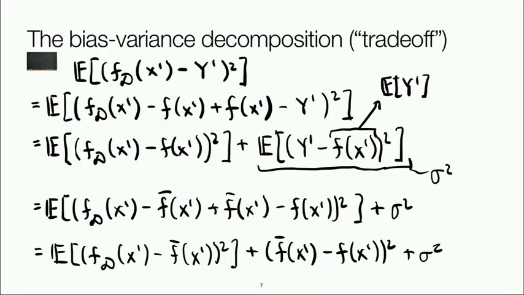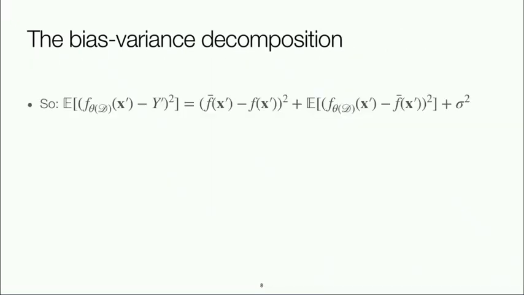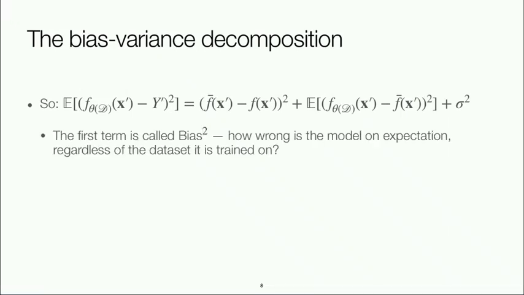Okay. Here's that same equation again, typed out. I think I reordered the first and second terms, but it's the same equation, I promise. This first term that we have here is the square of a quantity that we call bias. Bias is actually a very general statistical term.